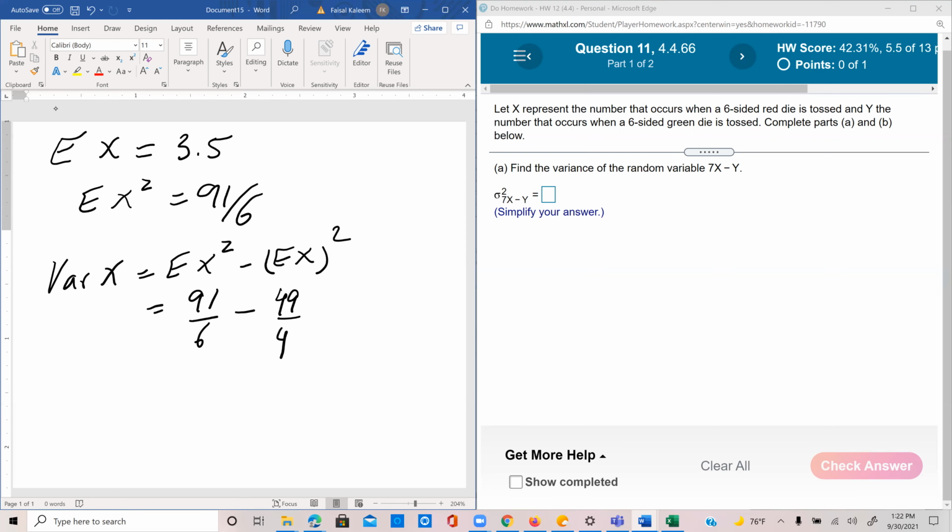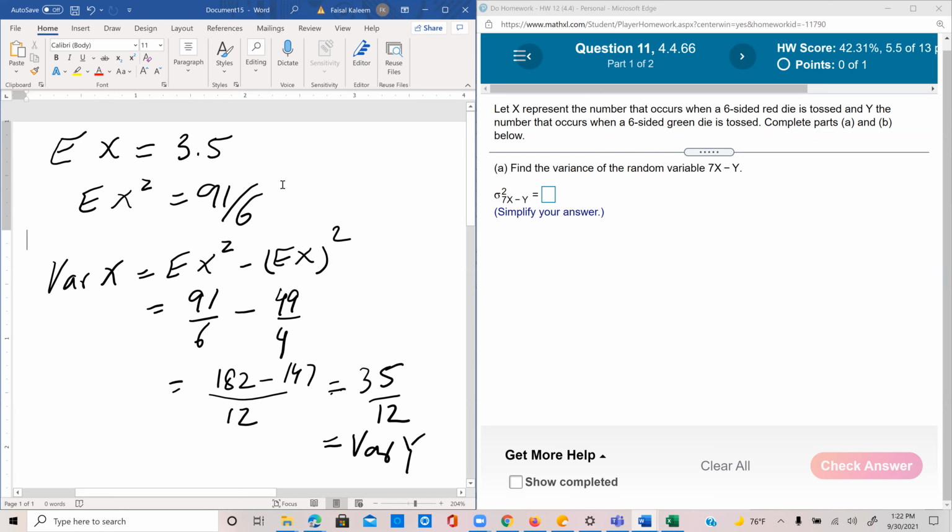And this, 182 minus 147, so it's 35 by 12. And that will also be the variance of Y, because there is absolute symmetry. Both the dice are identical.